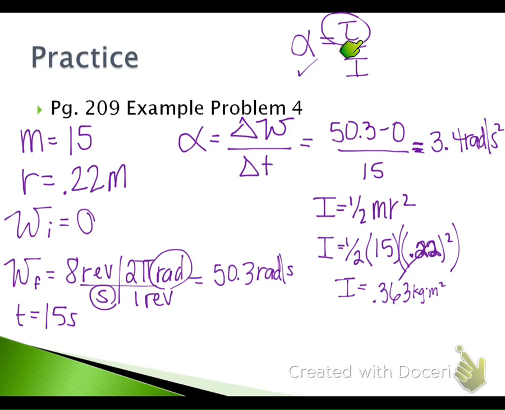Once we have our moment of inertia and our angular acceleration, we're going to plug back into this equation and solve for torque. So our angular acceleration should be 3.4 equals torque over 0.363.